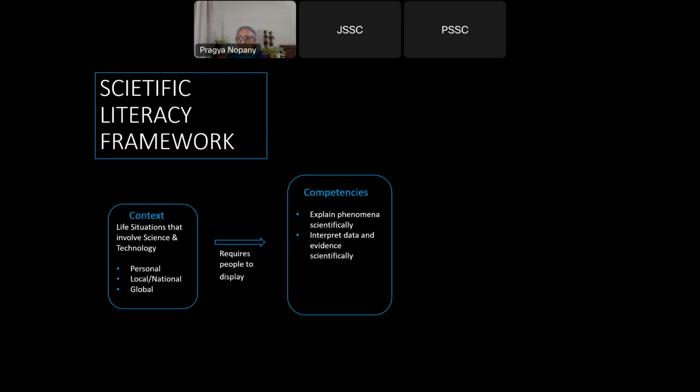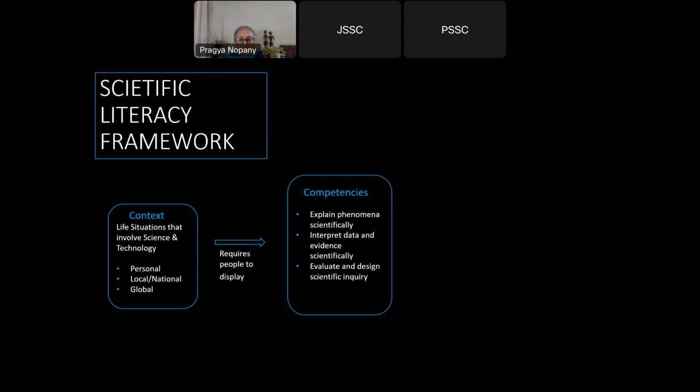And then when we are giving our presentations, we may need to use that data as evidence. So that becomes a competency. And then we may need to evaluate and design scientific inquiry.